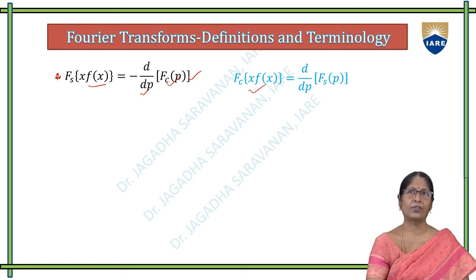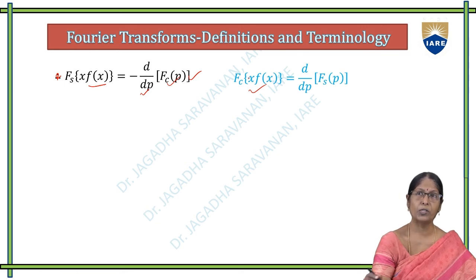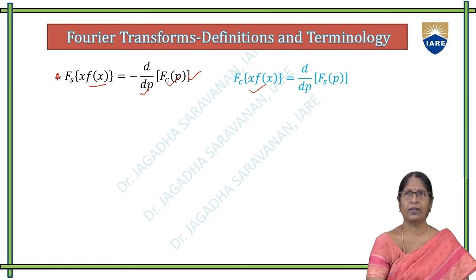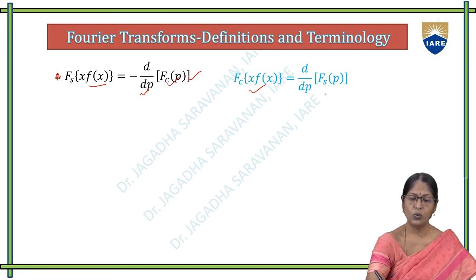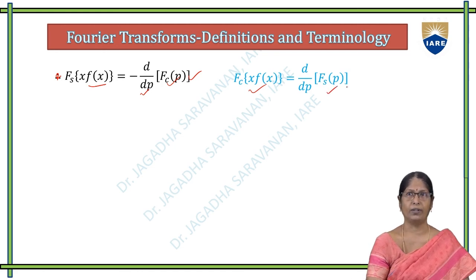This is also the Fourier cosine. If they ask for f of x multiplied by x, instead of going the Fourier cosine transform formula route, integral 0 to infinity f of x cos px dx, this way also can be done. We can cross check it. Both will give the same answer.